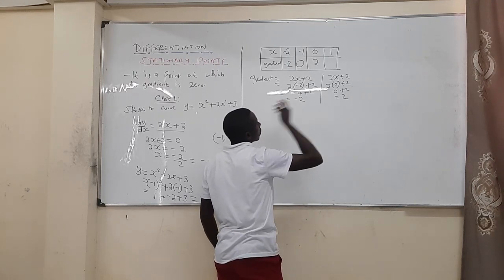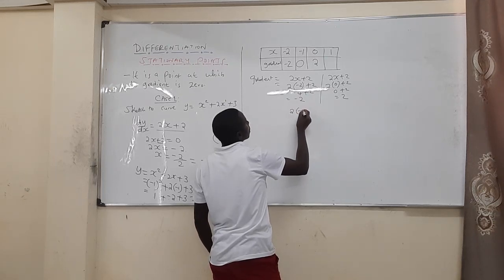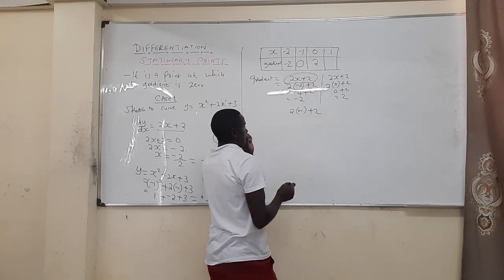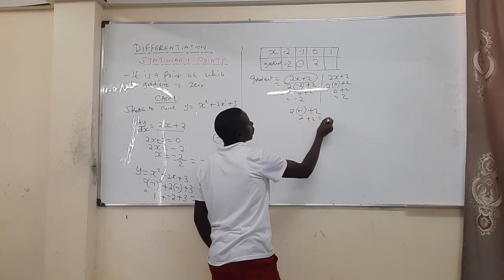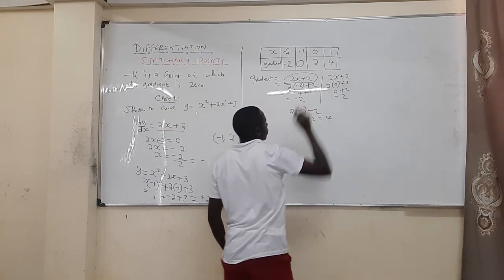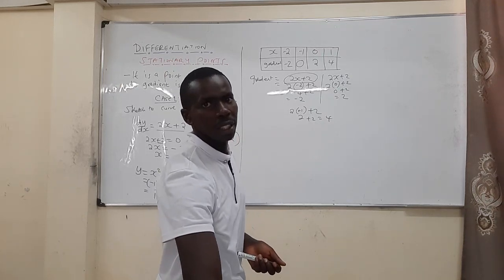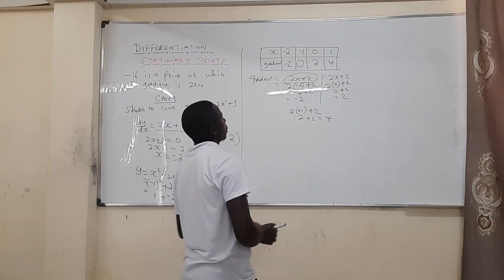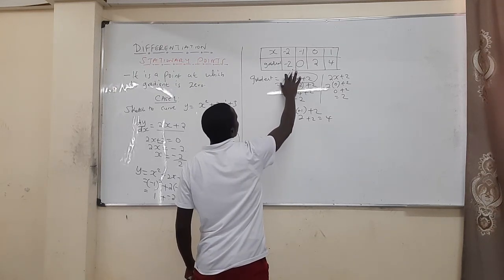Even at x equals 1, which is on the right hand side of negative 1, you can have 2 times plus 1, then we add 2, replacing in the gradient function, you get 2 plus 2, you get 4. So that is our gradient on the right and on the left hand side of the stationary point. What you're going to consider is the sign of that gradient.